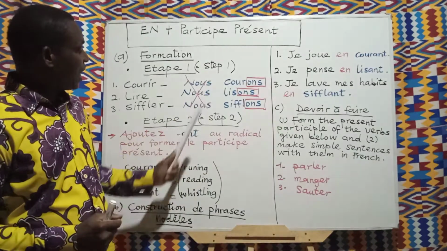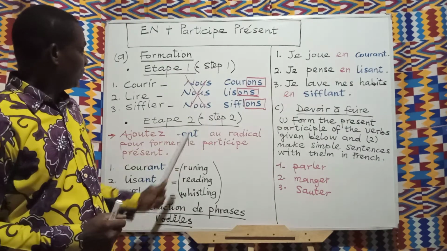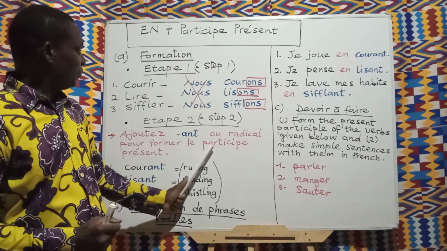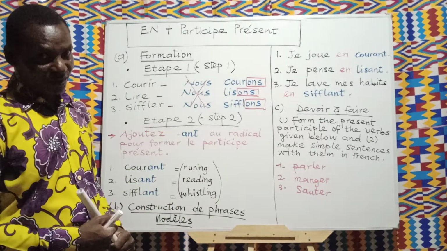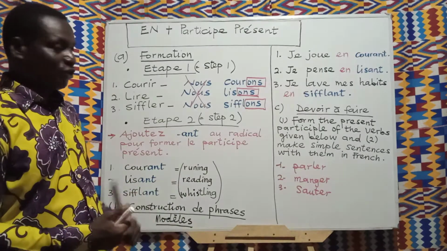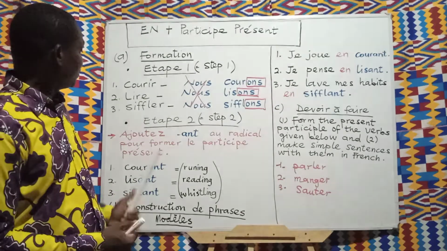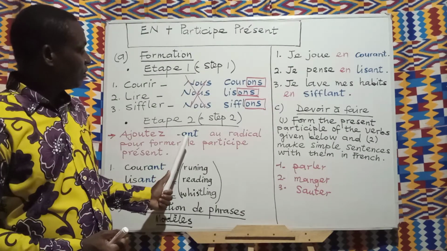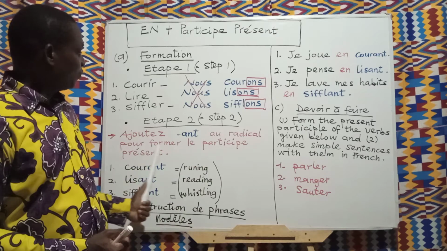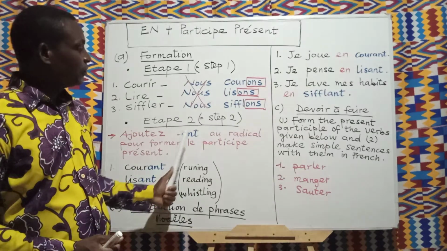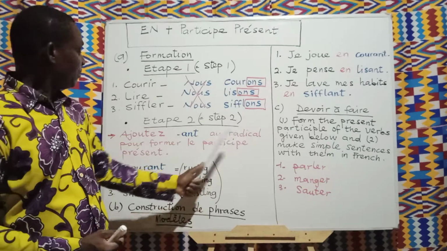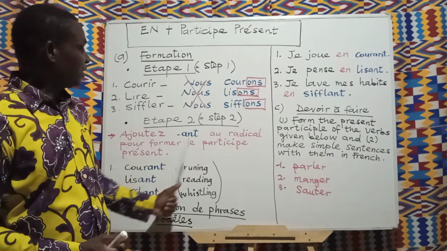You add the ant to these 3, then pour former le participe présent, that is to form the present participle. So all that I wrote here in short is very simple to understand. Ajouter ant au radical pour former le participe présent. Add ant to the stem or the radical to form the present participle.